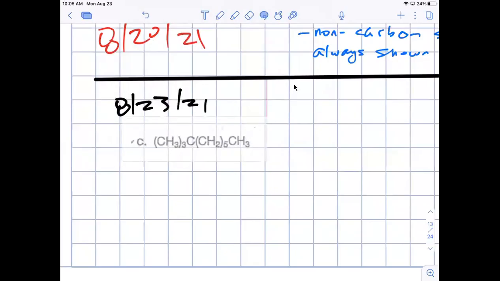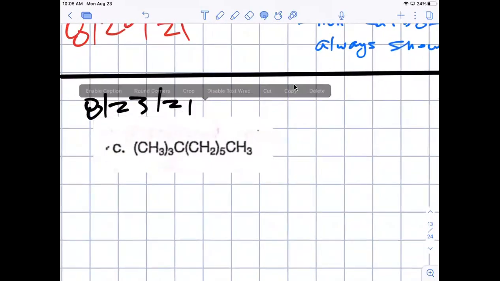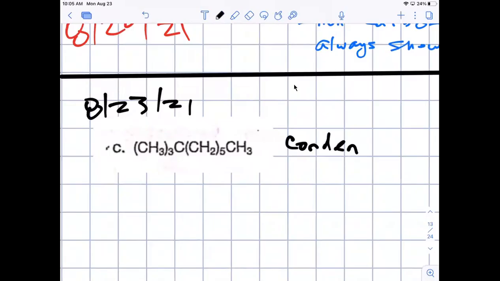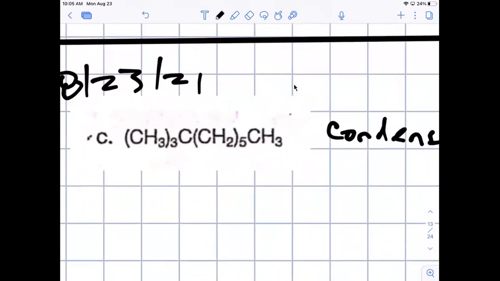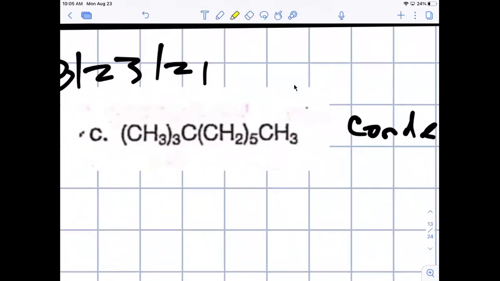What you see right here for C is given in the condensed form. Do you see how you have the groups in parentheses here with a subscript? That's telling you that there are 3 CH3 groups attached to that carbon to the right of it.